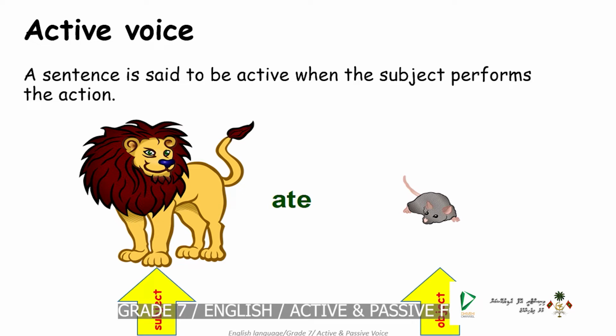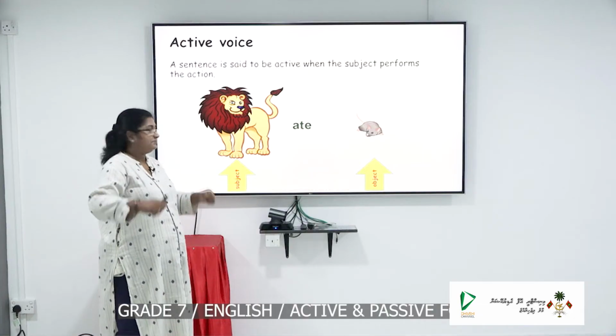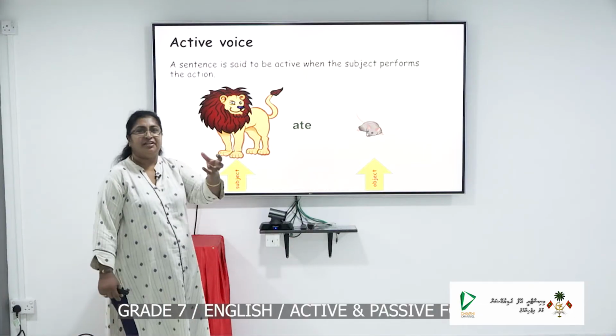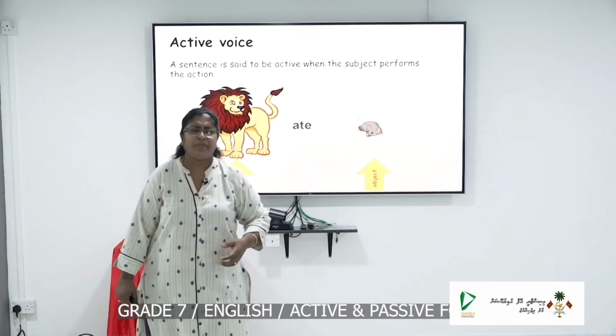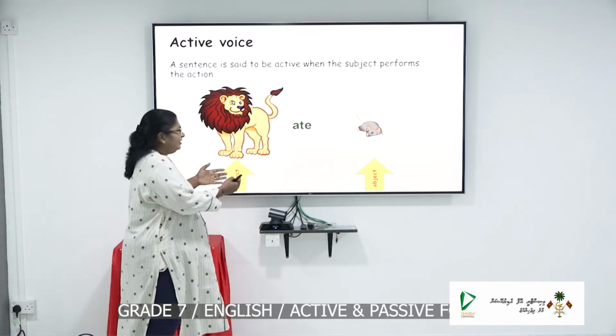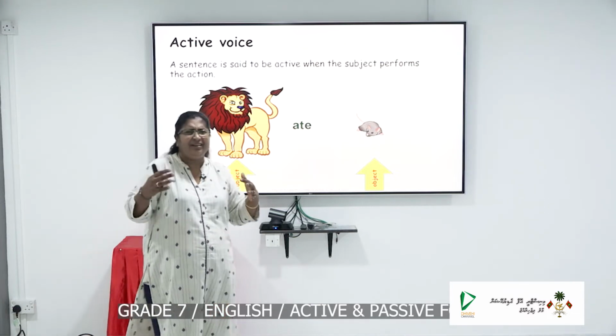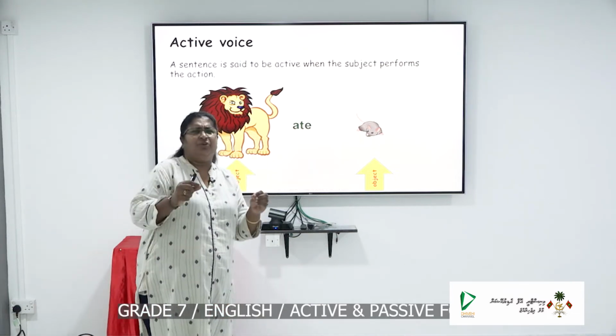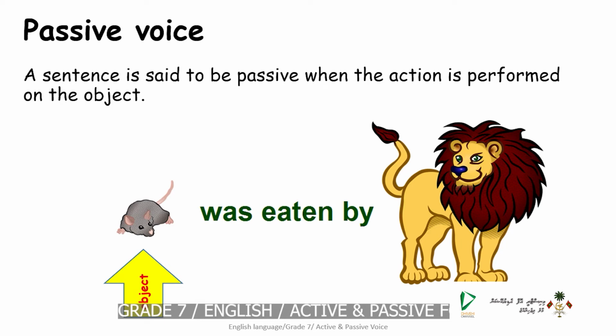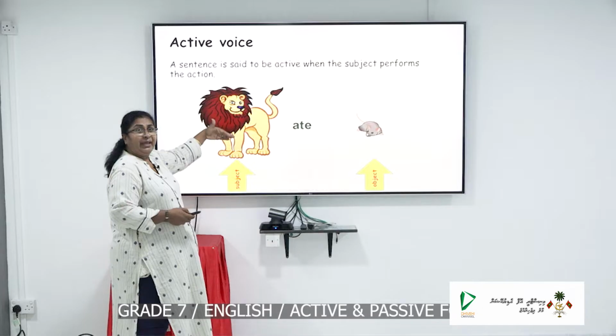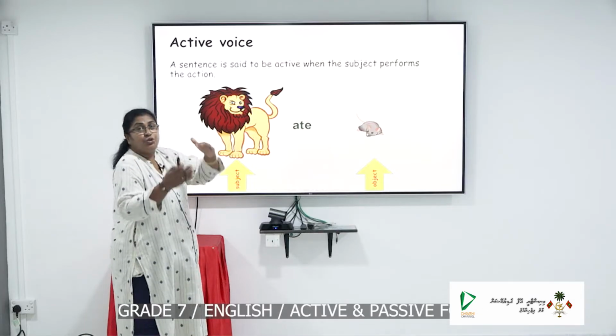The subject is the mighty lion, and our object is the tiny mouse. In the middle you have 'ate', which is past tense. Let's see how it differs when we go to passive.